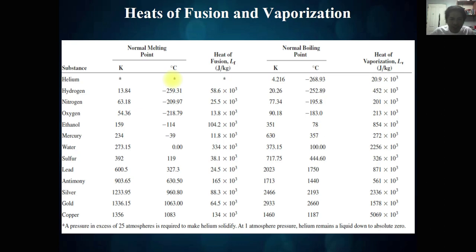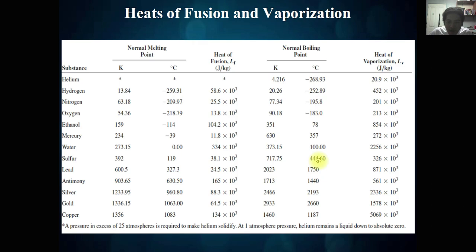So here are some heats of fusion and vaporization of some materials. We just have to take note of the latent heat of fusion of water, which is 334 times 10 raised to 3 joules per kilogram.